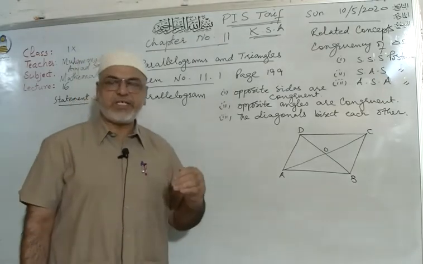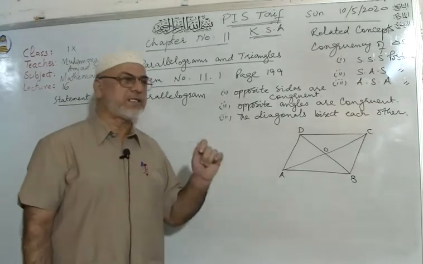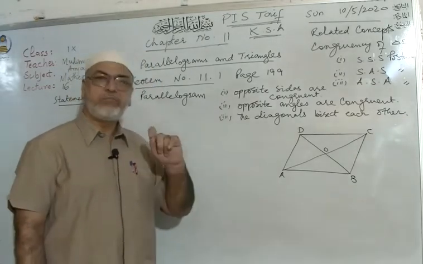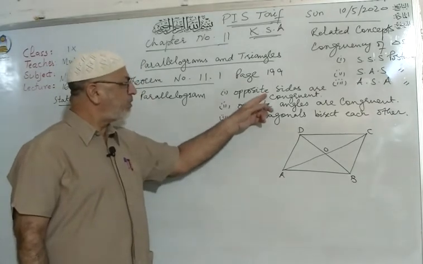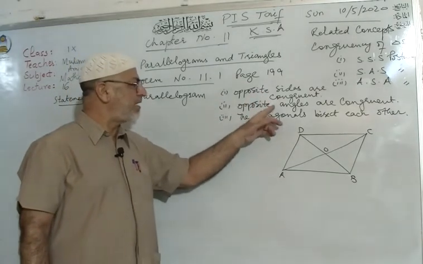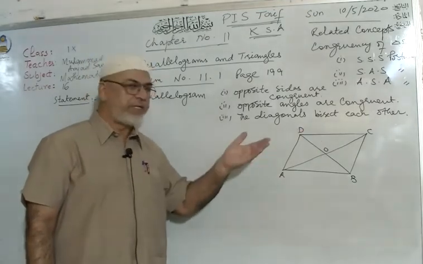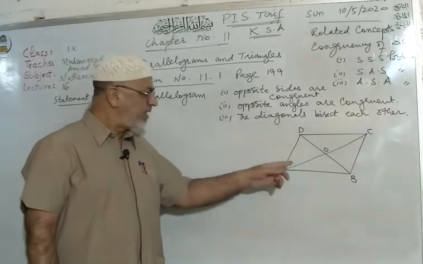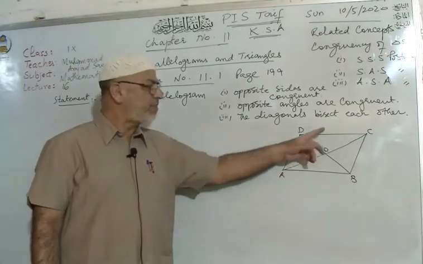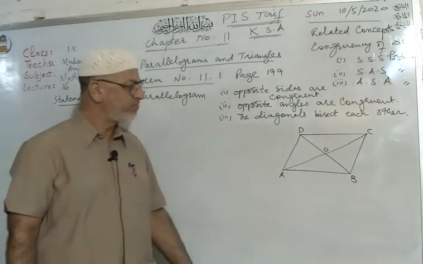This is the condition for the parallelogram that opposite sides are always congruent and parallel also. Because we have to prove the opposite sides and angles congruent, we are taking the other property of the parallelogram. And what is the other property? That one is AB is parallel to DC and AD is parallel to BC.